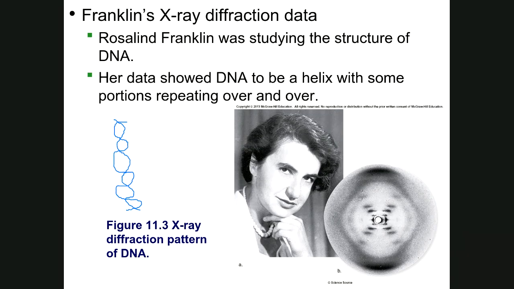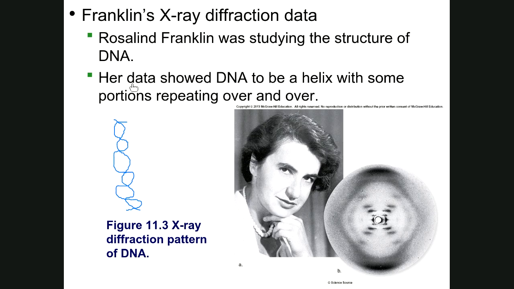And how she found this result? She followed a method which is called X-ray diffraction data or diffraction pattern. So maybe the question can come in the test, what is Rosalind Franklin's discovery?